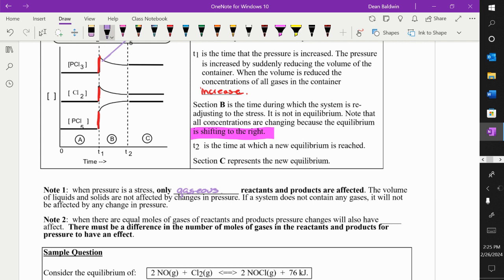Only gases. It's the only thing you have to look at. If you don't contain any gases, nothing happens. So that's another good test question. If I say that you do a pressure change to a system that is only solids and liquids, and I say, which way does it shift? You say, there is no shift, because it only affects gases in the products and the reactants.